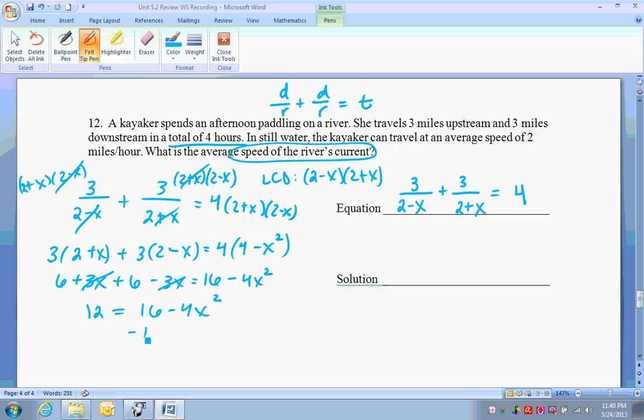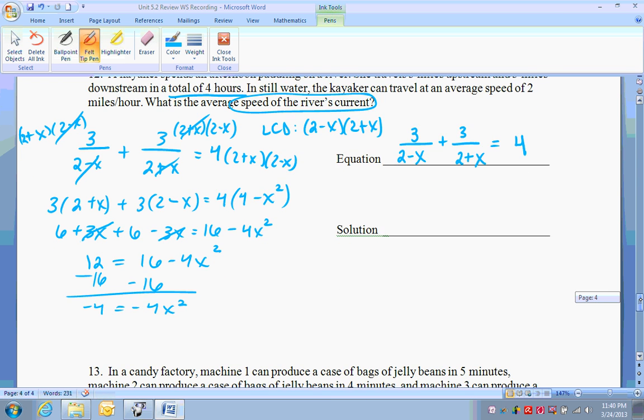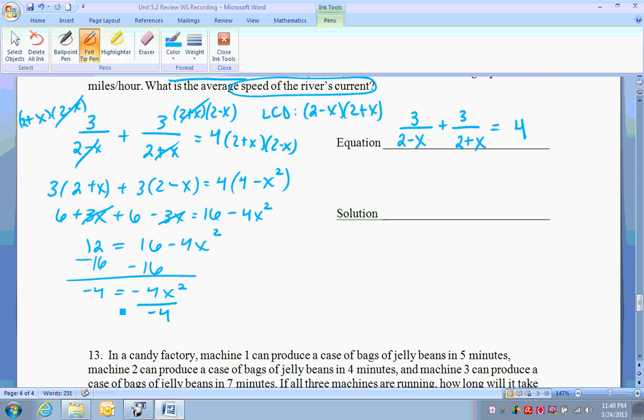I can subtract 16 from both sides, and I end up with negative 4 equals negative 4x squared. When I divide by negative 4 on both sides, I end up with x squared equals positive 1. Remember, when you take the square root of both sides, you get a plus and a minus. So x equals 1 and x equals negative 1.